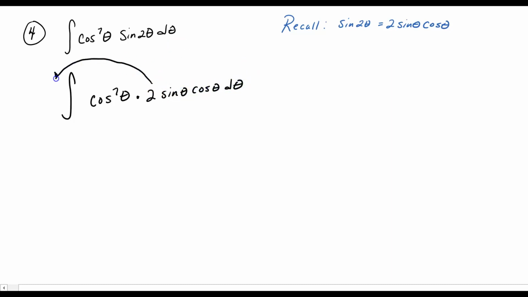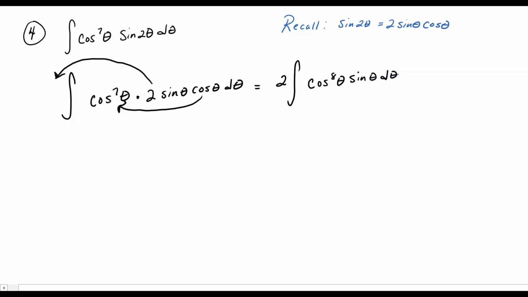My 2, I can migrate across the integral. My cosine, I can combine with this through multiplication. And now I have 2 times the integral of cosine to the 8th power theta times sine theta d theta.